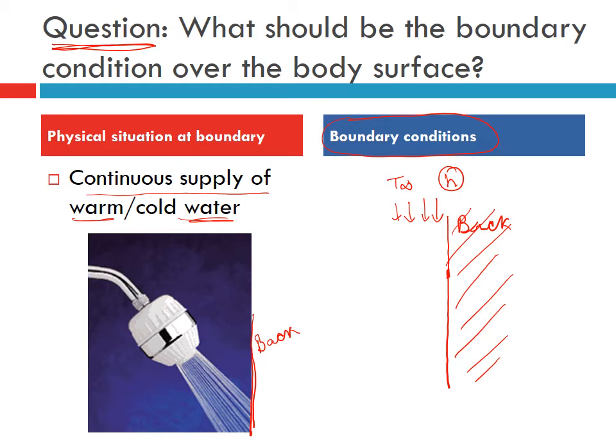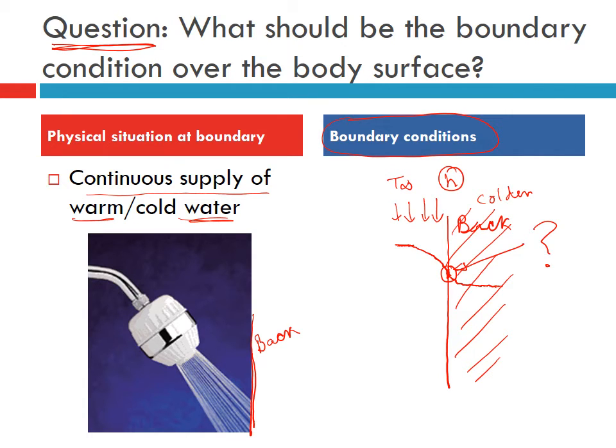So the temperature profile here would look something like this. If this is colder, then the hot water is the warmest, until it cools down by your back, and then inside it's going to look something like that into your body temperature. So we do not know.